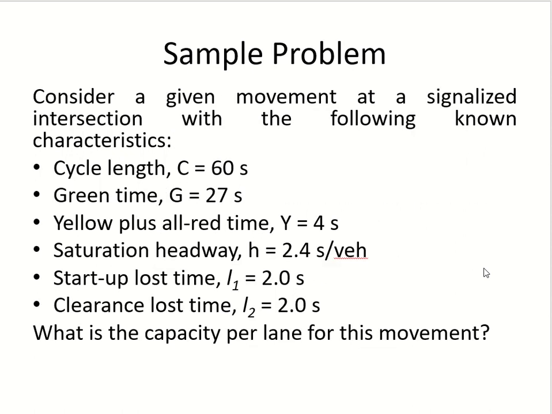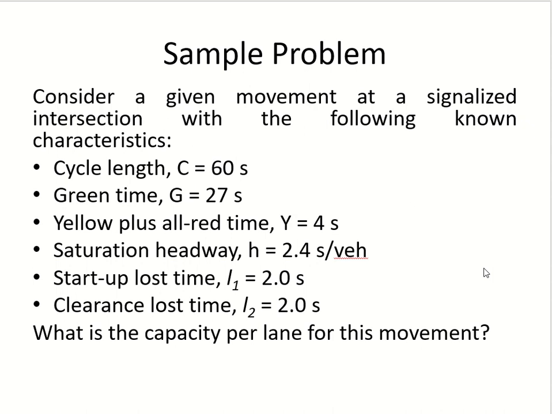Okay. We have a sample problem. We can solve it in two ways. Okay, we will look at both of them. How we can use the cycle time and the loss time to calculate the capacity of a movement. Capacity of one approach of the signal, one side of the signal. Okay, so we have a signal which has 60 seconds of cycle length.